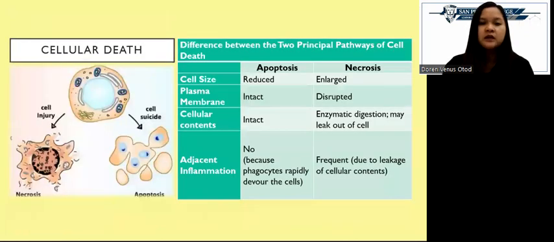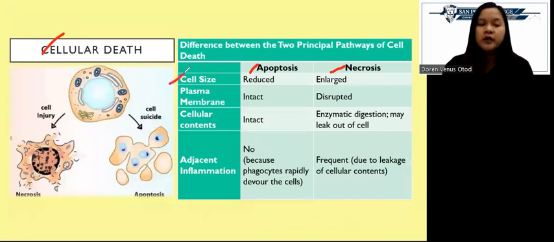Okay, and right after that, this cellular injury can lead to cellular death. As we have discussed in the previous discussion, there are two types of cellular death. It can be apoptosis, or it can be necrosis. So we will be differentiating more about these two types of cellular death.